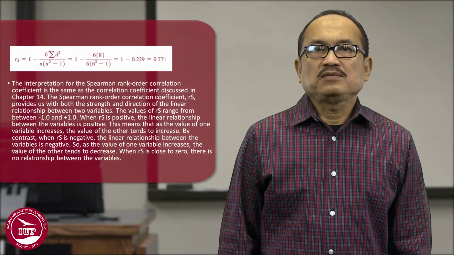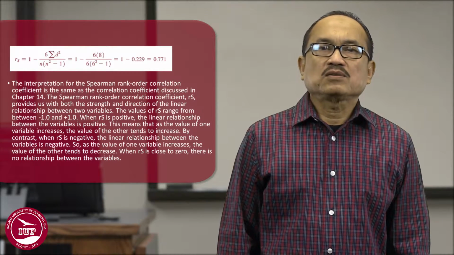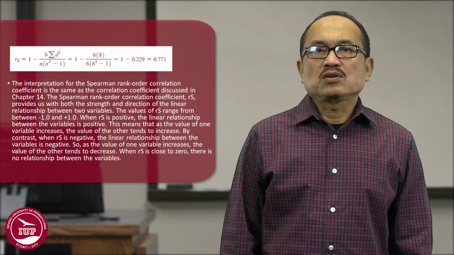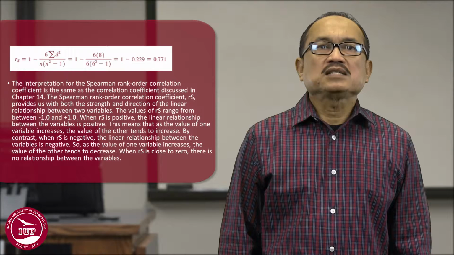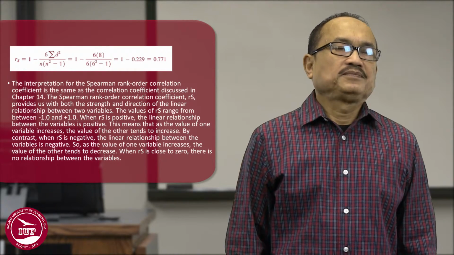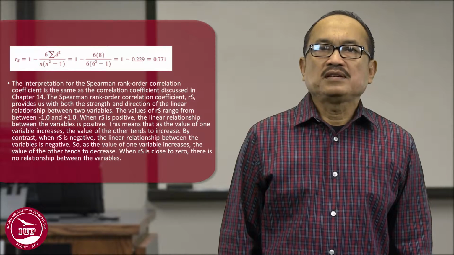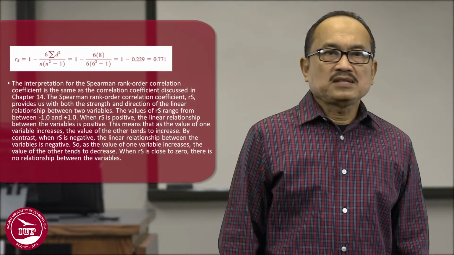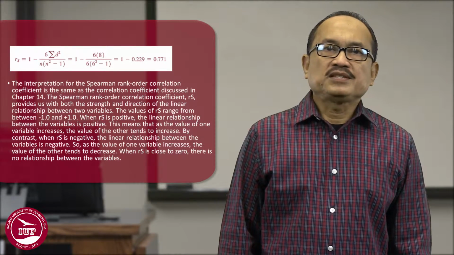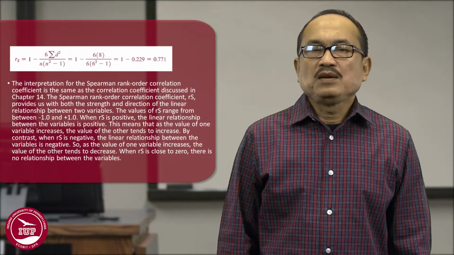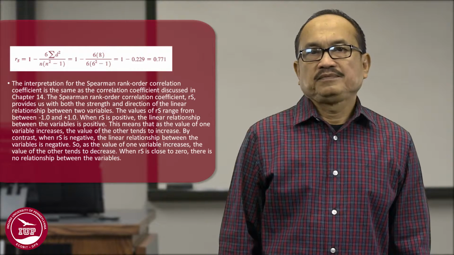The interpretation for the Spearman rank order correlation coefficient is the same as the correlation coefficient discussed in Chapter 14. The Spearman rank order correlation coefficient rs provides us with both the strength and direction of the linear relationship between two variables.